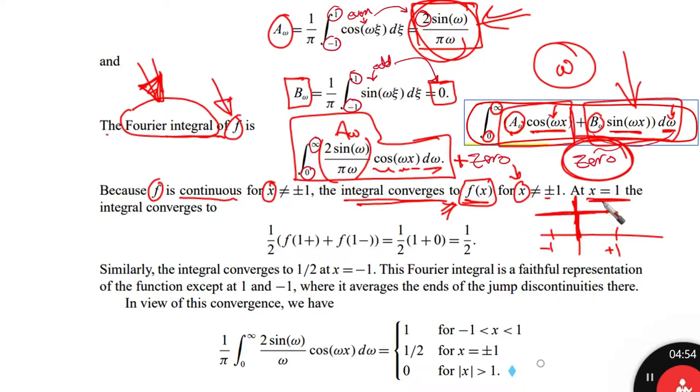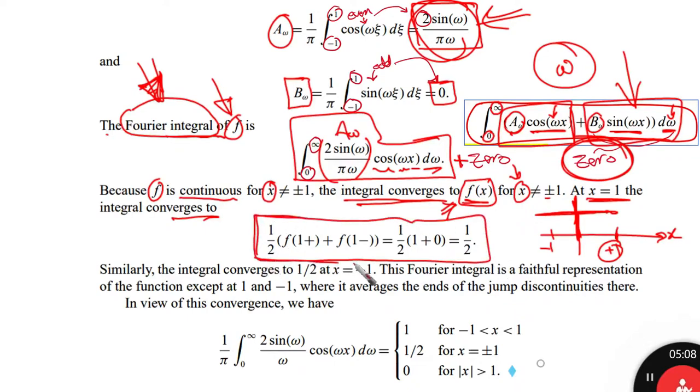At x equal 1, if we say this is the x-axis, for example, the integral converges at this particular point here. As we said, this is our Fourier integral convergence theorem. Half f of x from right.